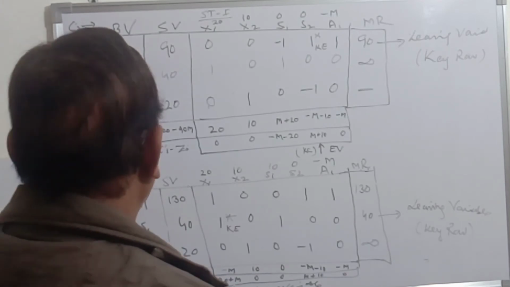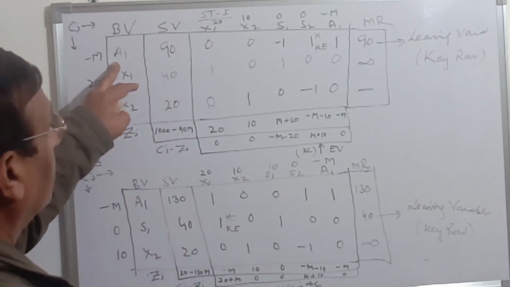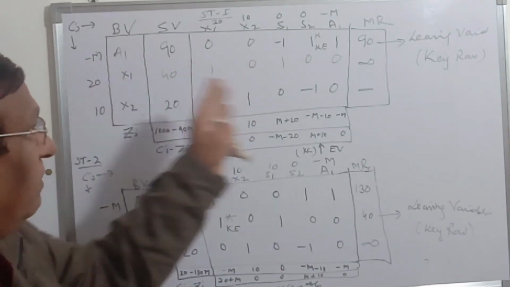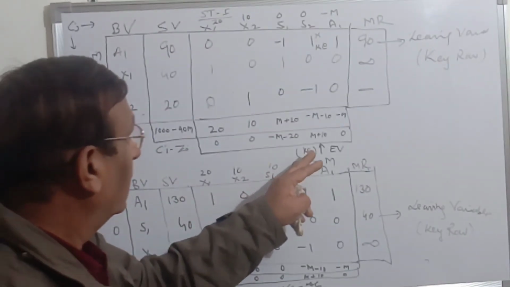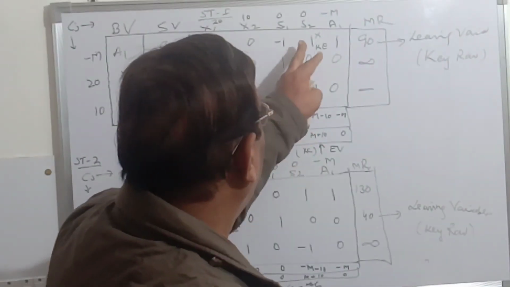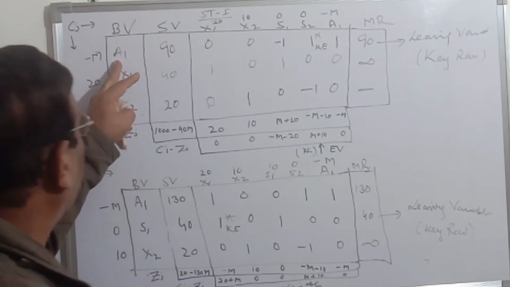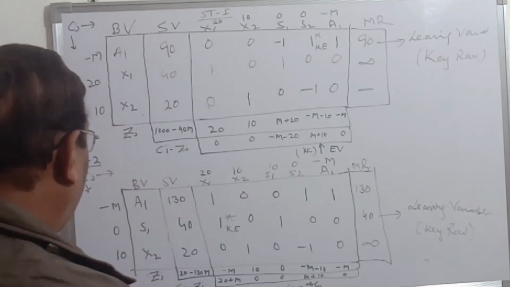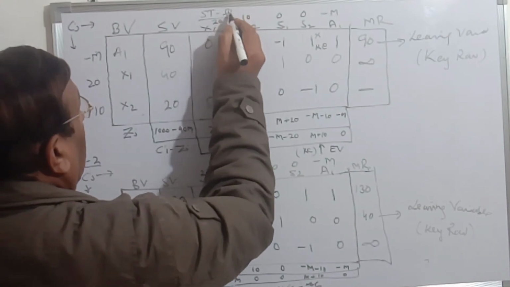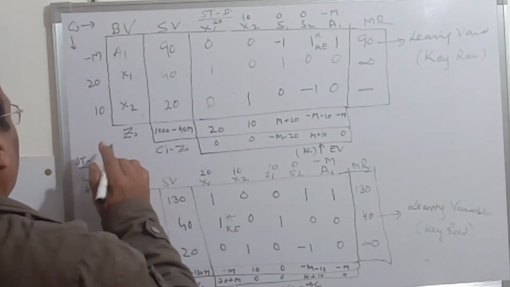So it means A1 is leaving. Artificial variable is leaving. And S2 variable is entering. S2 variable will come at A1. Then we will have next table. This was table number 3, not table 4.